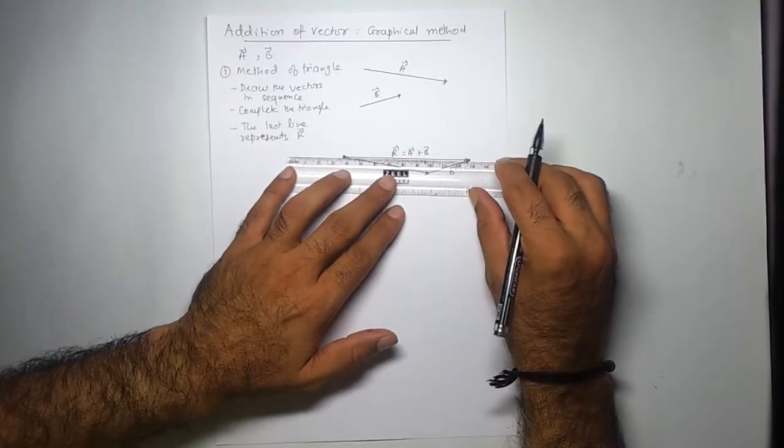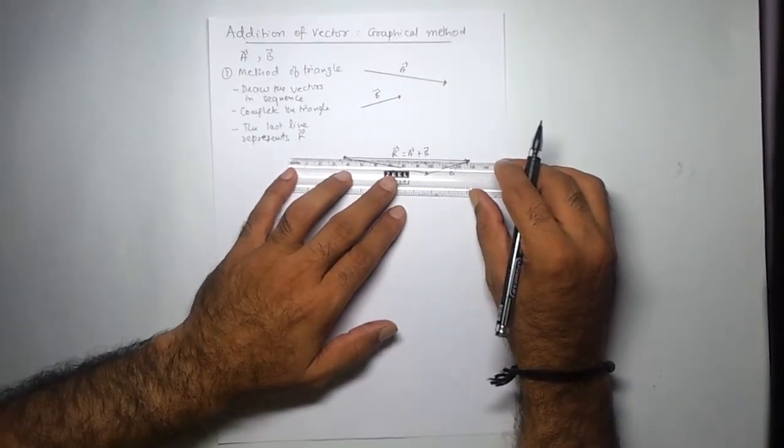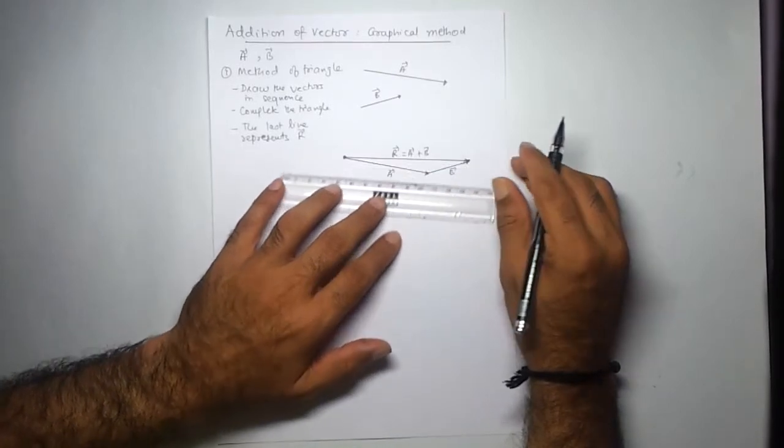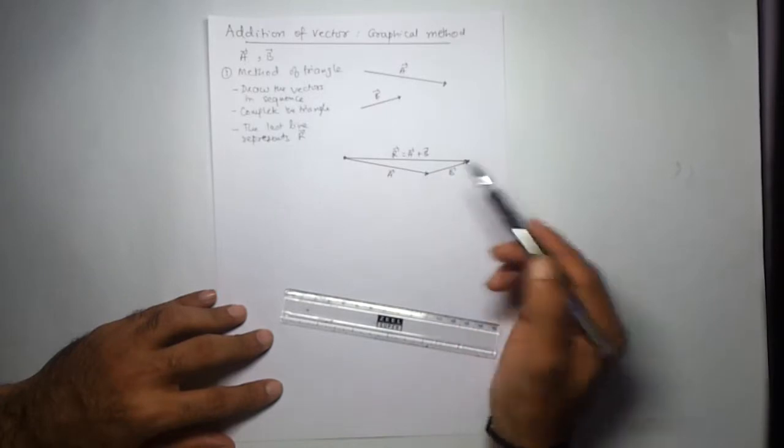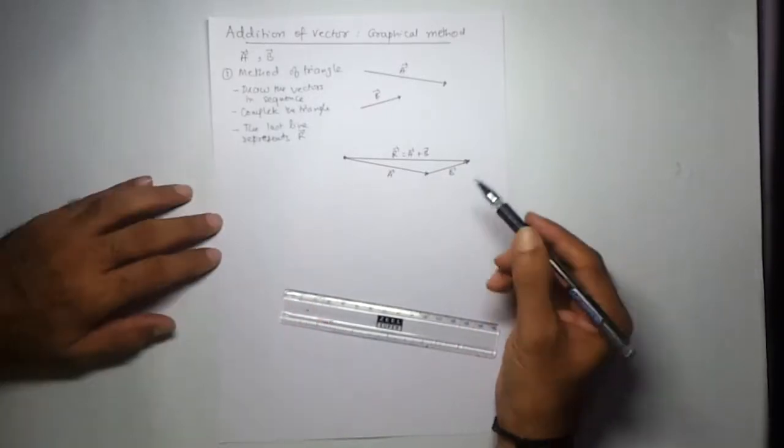If I measure this length, I'll get the magnitude of R, and I'm also able to find the direction. So this is how we can use the method of triangle to find the resultant of two vectors.